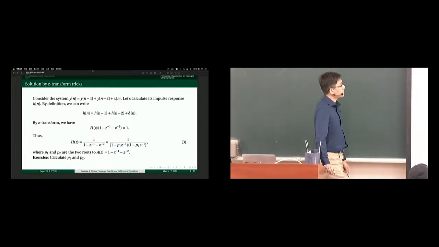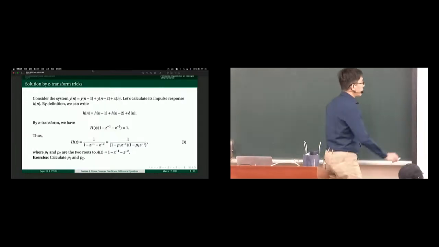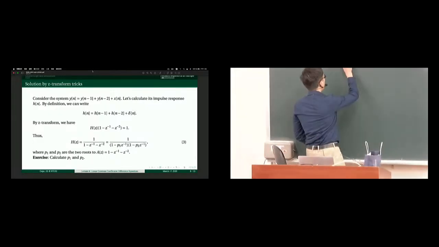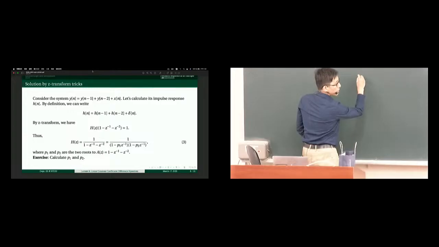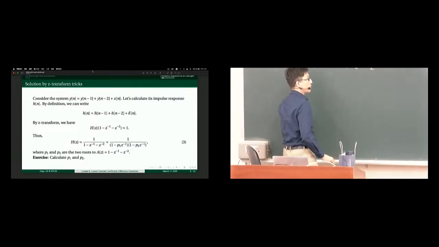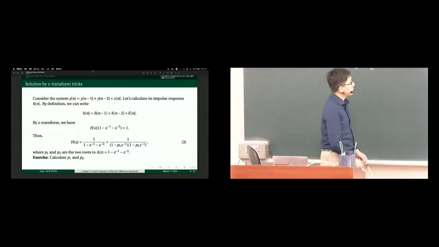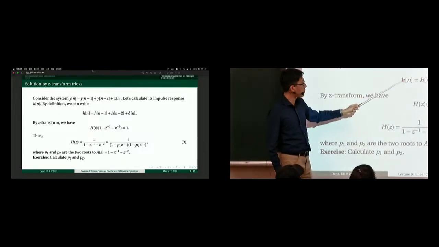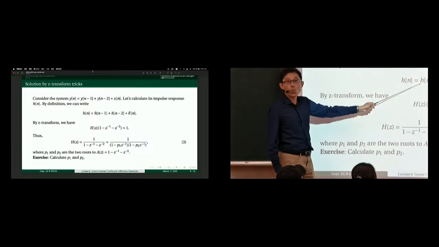So by definition, if you follow this notation, very soon we realize H of z has got to be 1 divided by 1 minus z inverse minus z to the minus 2, right? Is that all right? Because when we move these terms to the other side of the equation, each coefficient becomes minus 1.